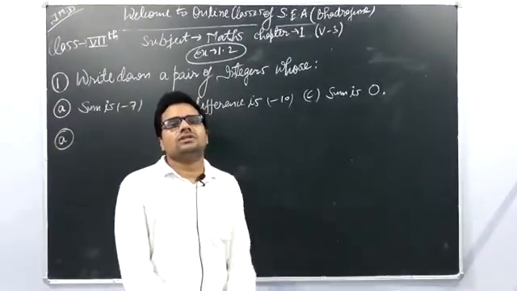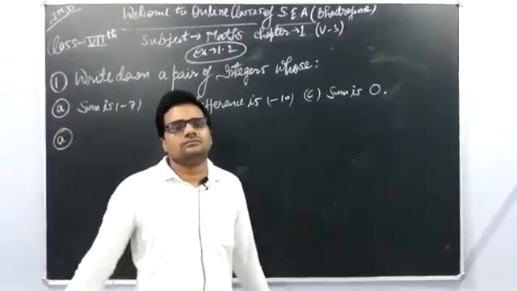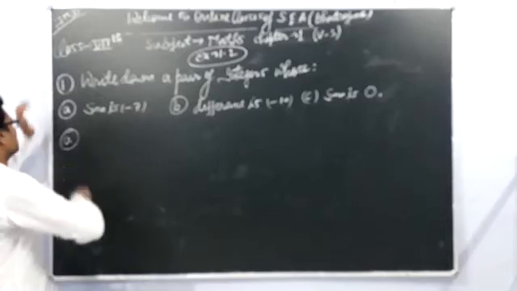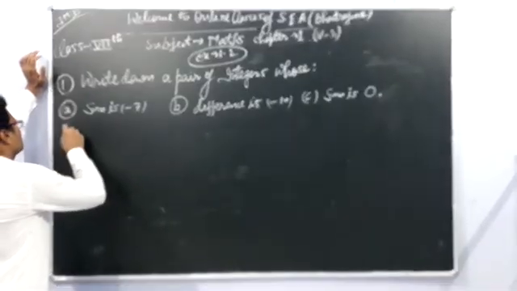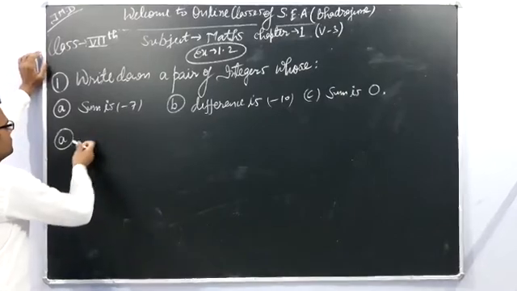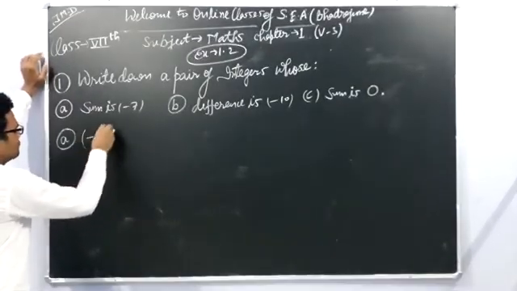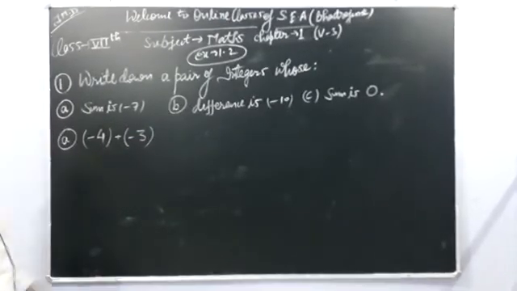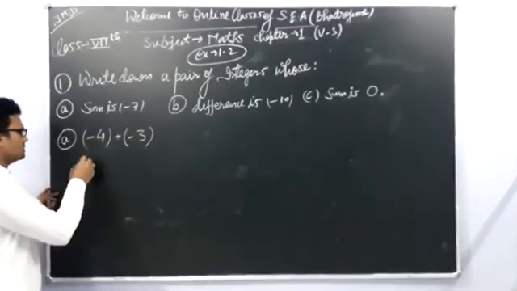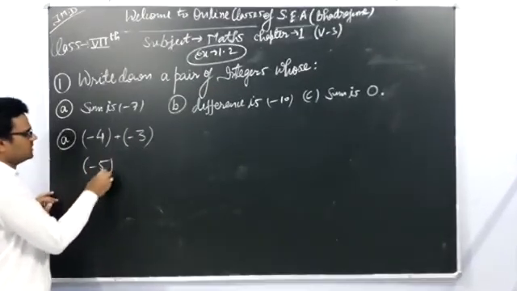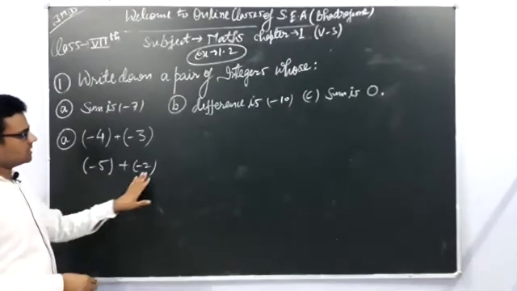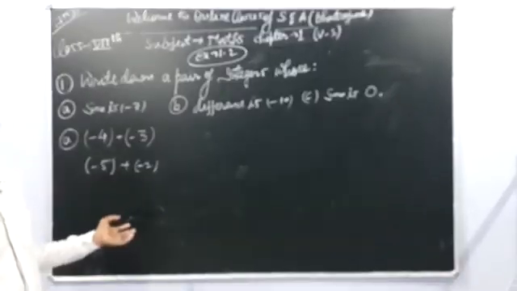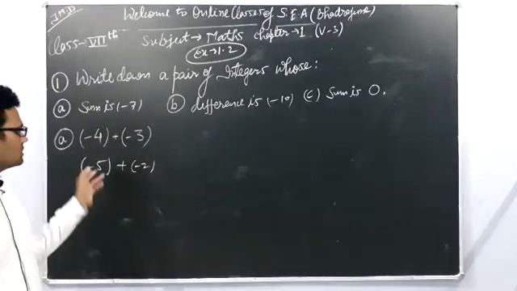So our first one is -4 plus -3. This pair can also give us -7. Now -5 plus -2, this pair can also give us -7. A number of pairs we can create that will give us -7 on adding.